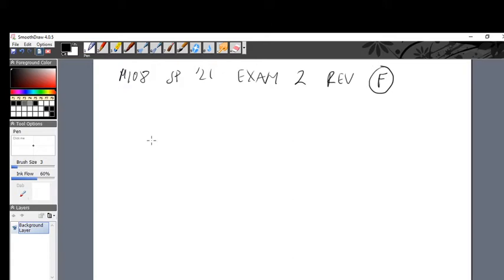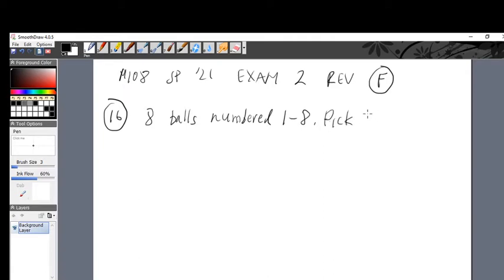All right, we're up to number 16, and it takes a while to get the information out on this. All right, so 8 balls are numbered 1 through 8. And then the game, so to speak, is to pick one ball.